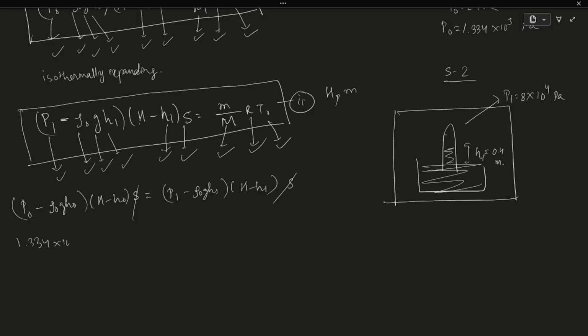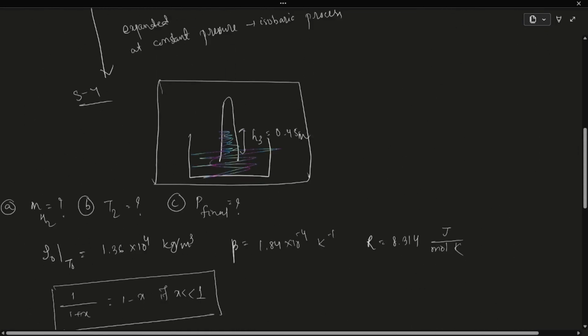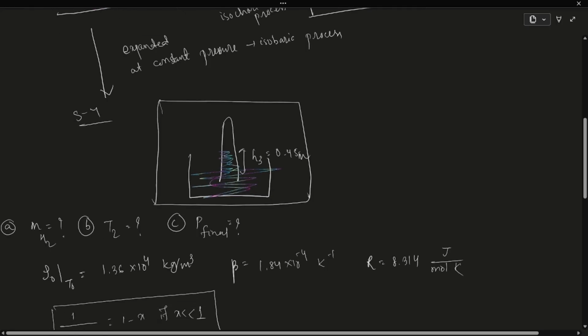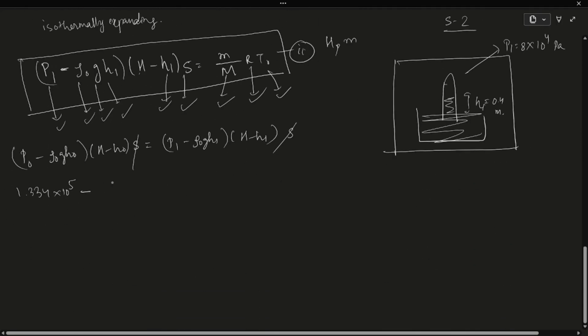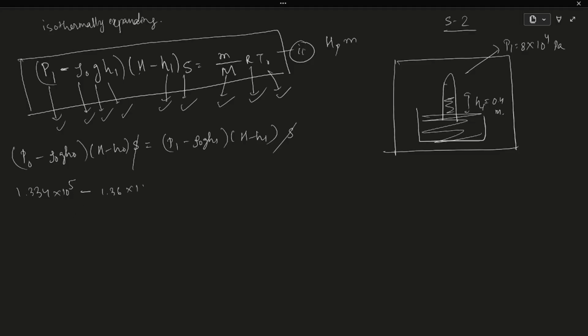So P naught is given as 1.334 into 10 to the power 5, minus rho naught, the value of rho naught, 1.36 into 10 to the power 4, into 10 (the value of G) into H naught.